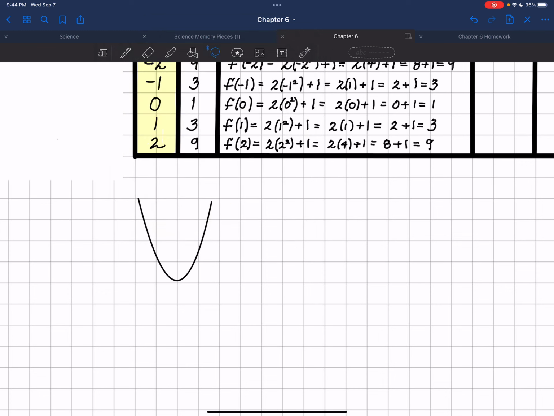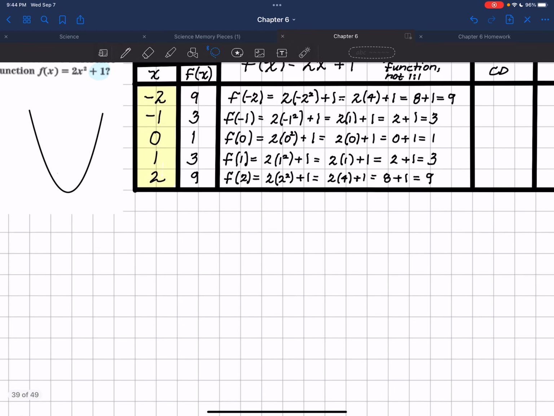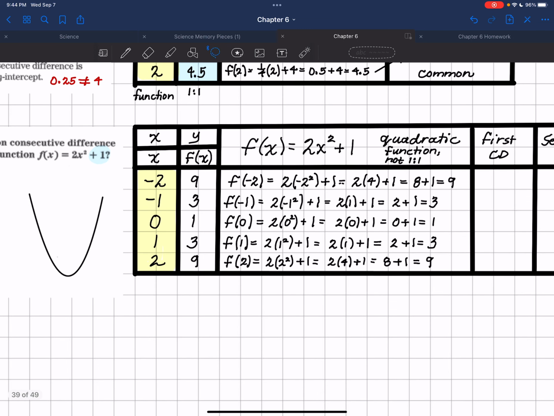I know it turns upwards, that it makes the bowl shape, because my x squared term is positive. So I told you that this is the y-intercept, and that proves true right here. If that 2, the coefficient in front of the x squared, is positive, you will get a parabola that opens to the sun.